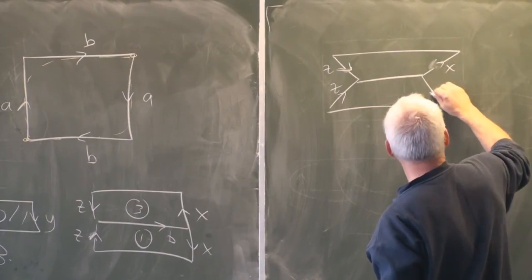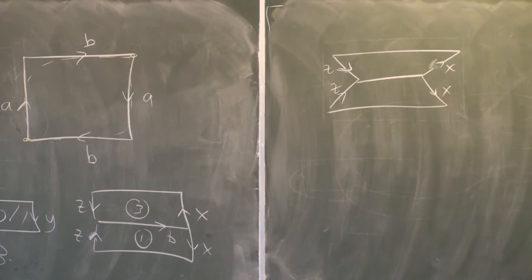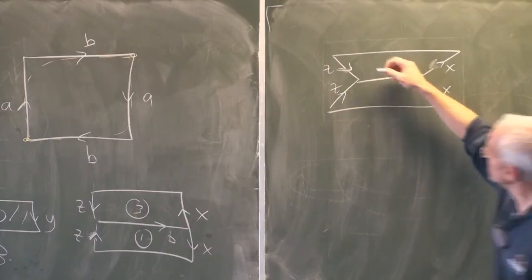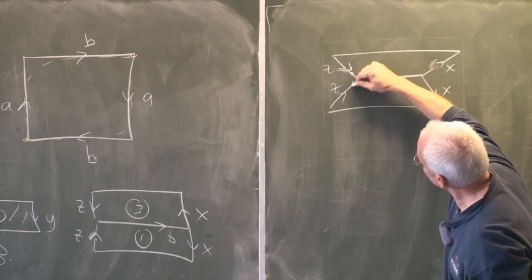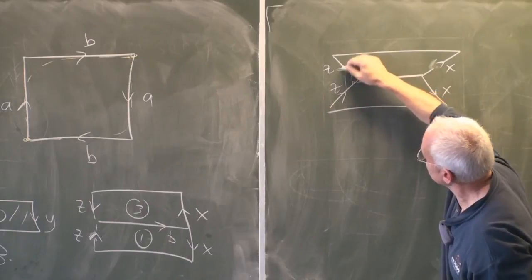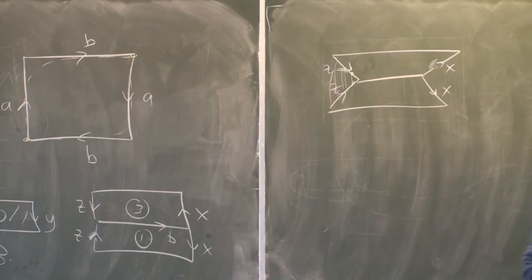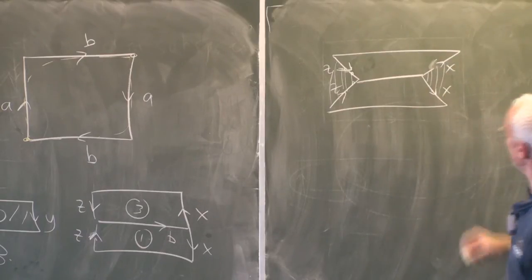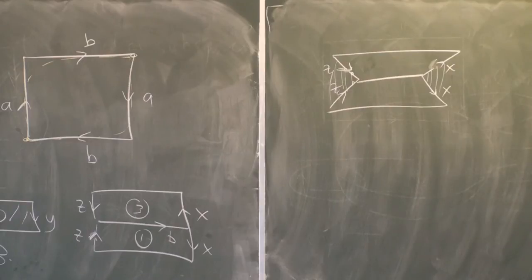X and X. These gluing instructions tell us that we have to glue this to this, and this to this. We have to glue these two things together. So we just have a little seam and we're gluing it together like fixing a rip in your shirt. And same thing here, we just glue these two together, one by one.